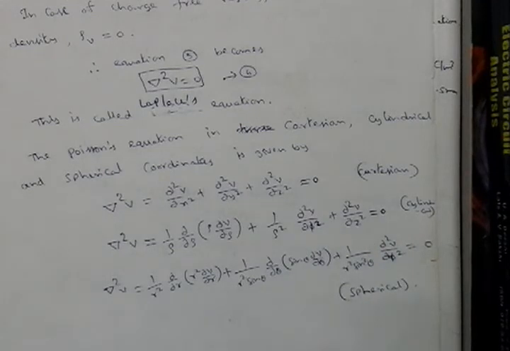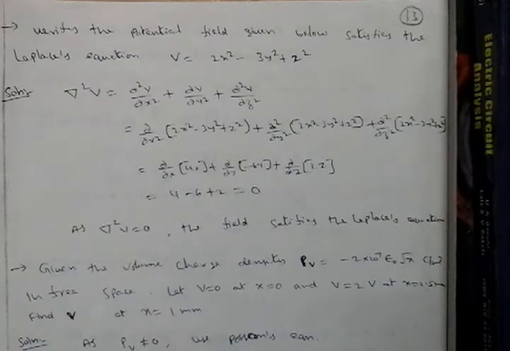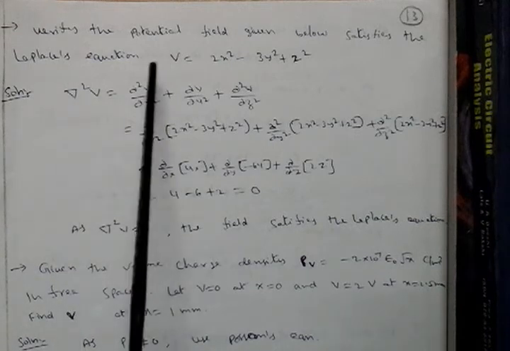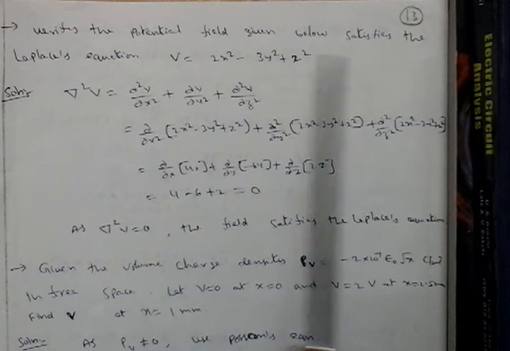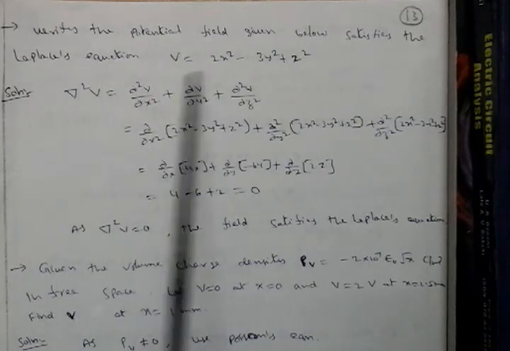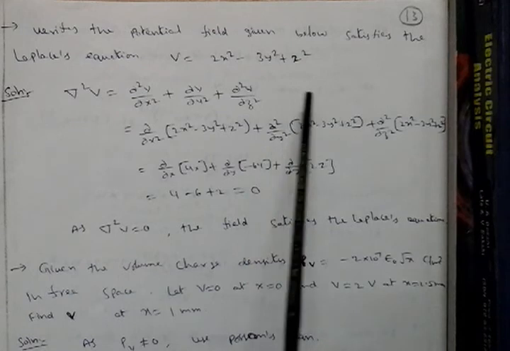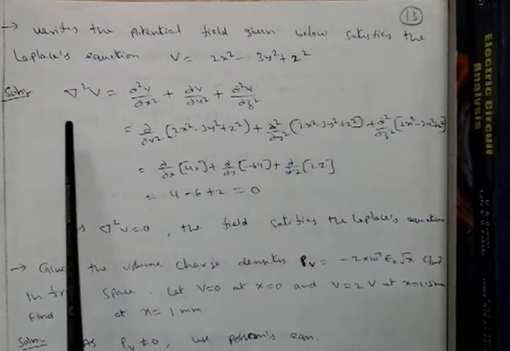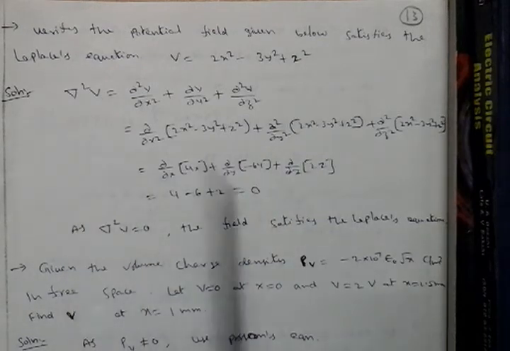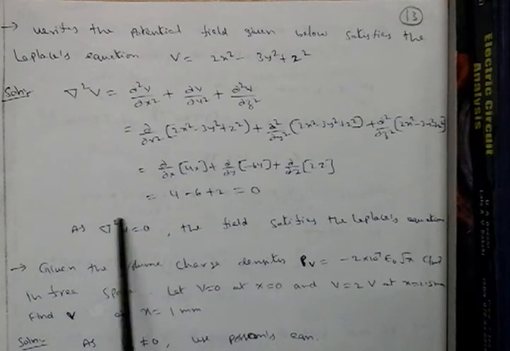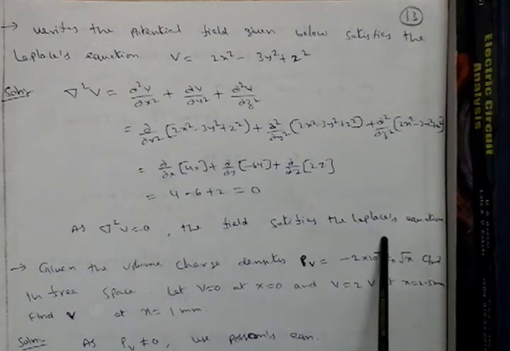Next we will see examples based on the Laplace equation. One example: verify that the potential field given below satisfies the Laplace equation. V is equal to x square minus 3y square plus z square. To satisfy the Laplace equation, first we need to determine del square V. If del square V is equal to 0, then we can say the given field satisfies the Laplace equation.